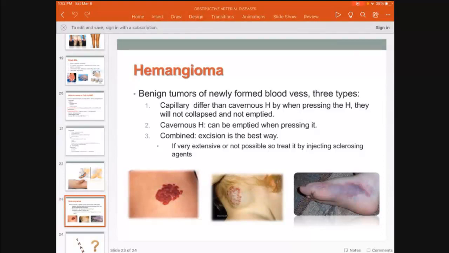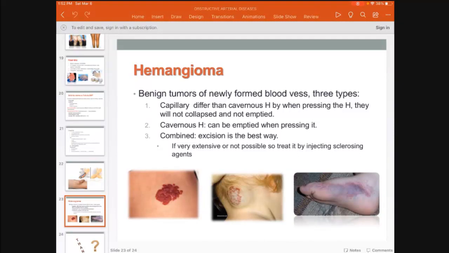Cavernous hemangioma, when you press it, it will empty. This we call the cavernous one, which we see in the middle picture. It needs either embolization or a surgical excision, but I always do surgery for them. Combined, excision is the best way when you have a capillary and a venous hemangioma.